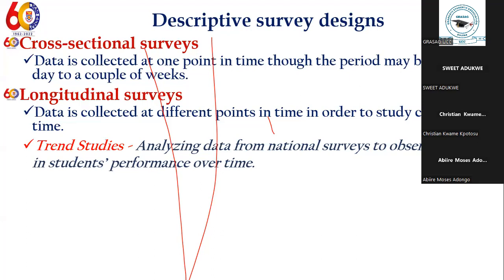In this case, the whole student population, that is SHS students, has become your population. And we are just collecting their performance over time. So this batch, what was their performance? Then we now do a trend analysis and compare their performance to see how their performance is changing over time.